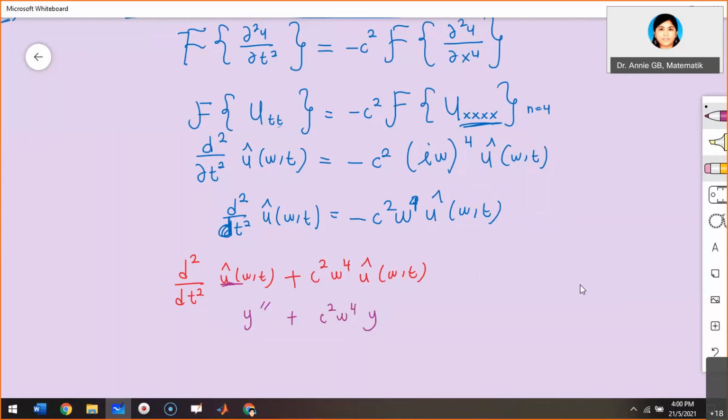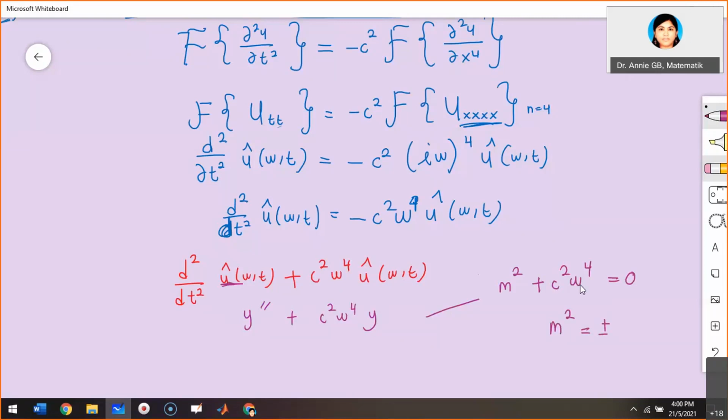So this is my second order ODE. Sama macam konsep tadi, we need to find the characteristic equation. So the characteristic equation is m squared plus c squared omega to the 4 equals to 0. So m squared is plus minus negatif. Ada negatif kan?